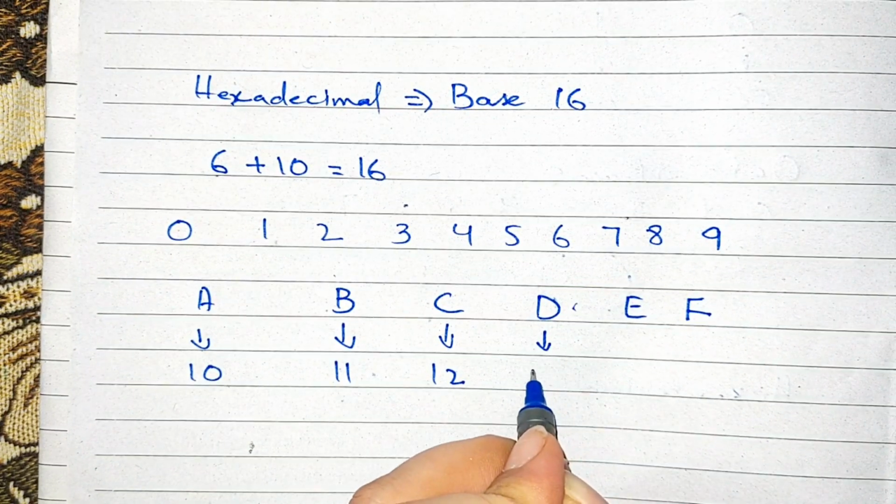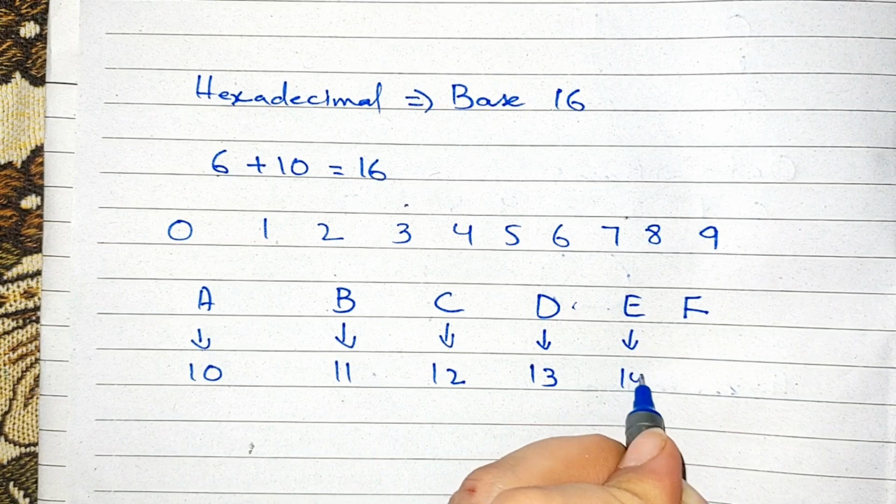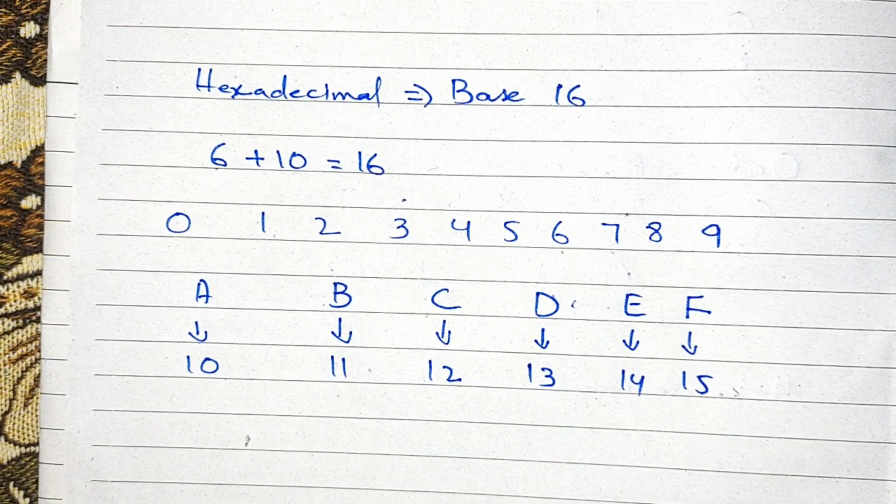Similarly, D corresponds to 13, E corresponds to 14 and F corresponds to 15. So this is the hexadecimal number system.